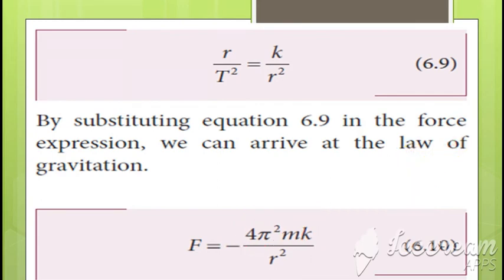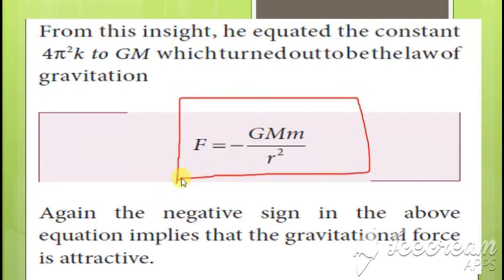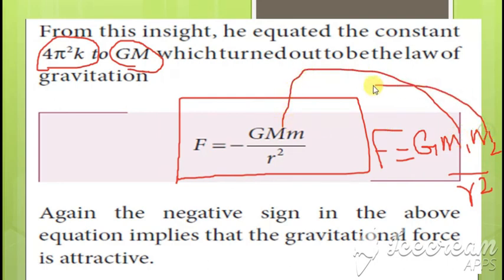So instead of 4 pi square k, we substitute G into M. We get the equation F is equal to minus G M m divided by r square, since 4 pi square k is equal to G into M. This is the same equation as the first equation which we saw, G into m1 m2 divided by r square. Here instead of m1 we have capital M, and m2 we have small m. Clear with this?